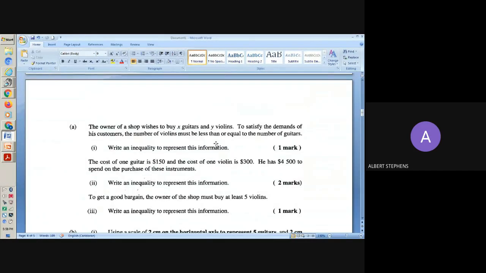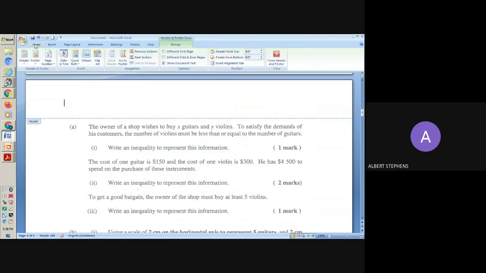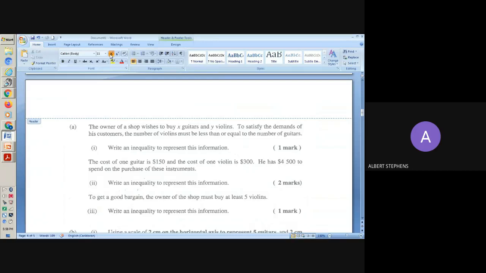First of all, this is called graph of inequalities, or a fancy name is linear programming.